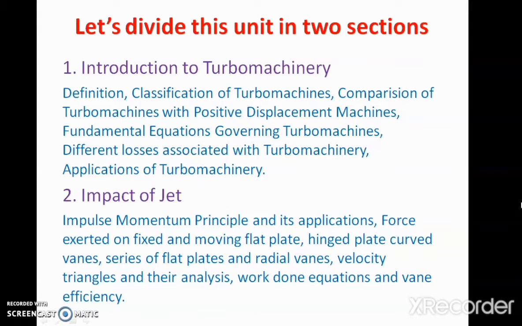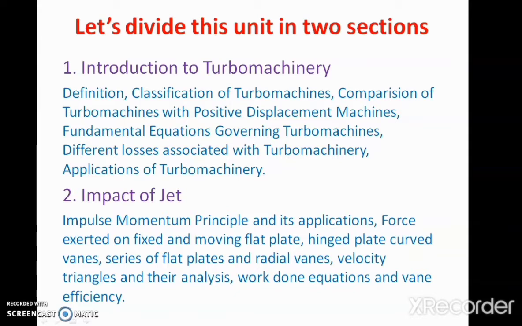Now you might have heard about the different types of turbines, like in case of hydraulic turbines you have the Pelton turbine, then Francis turbine. Similarly you are having steam turbines, gas turbines. So all these turbines as well as compressors, these are involving some sort of basic equations. Okay, that equations are nothing but the start of the impulse momentum principle.